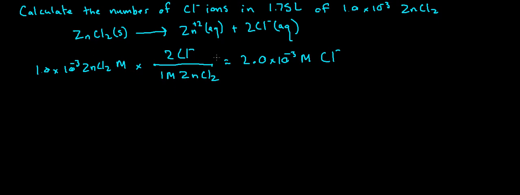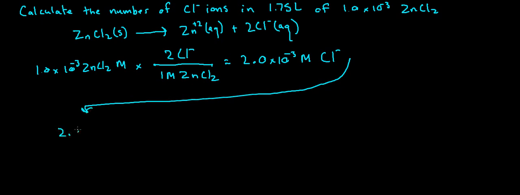Now that I know the concentration, I have to convert this to moles. I have liters here. If I have a concentration of 2 times 10 to the minus third moles per every liter, and I have 1.75 liters, I can figure out the total amount of moles. So I'm going to come down here and write this as 2.0 times 10 to the minus third moles of chlorine ions for every 1 liter.